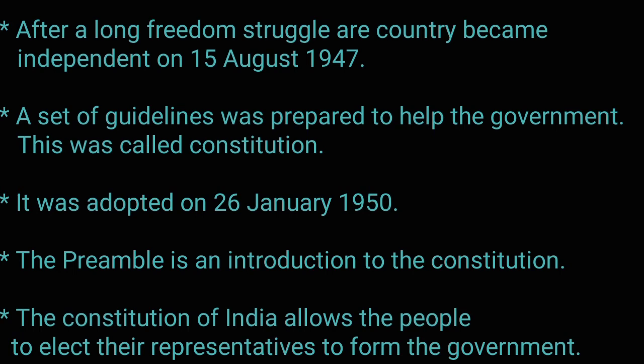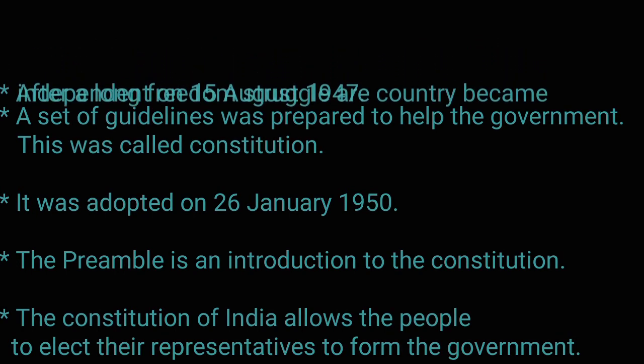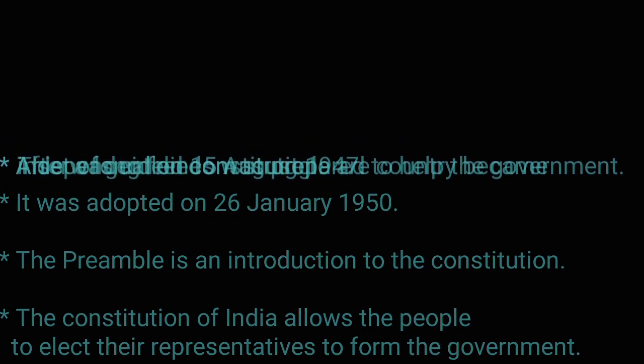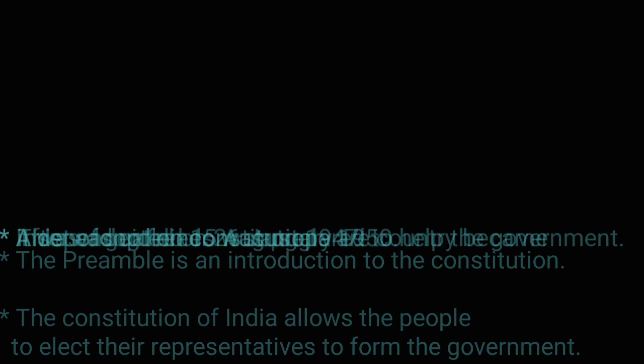It was adopted on 26 January 1950. The preamble is an introduction to the Constitution. The Constitution of India allows the people to elect their representatives to form the government.